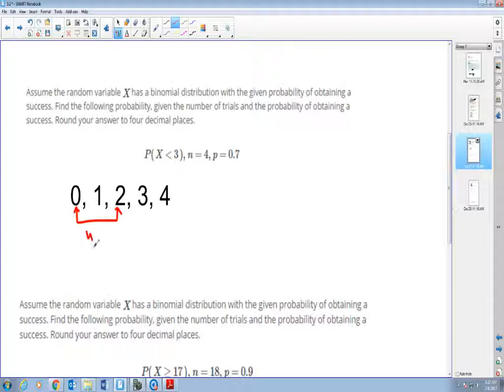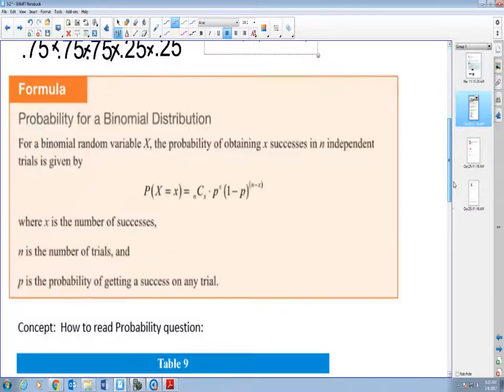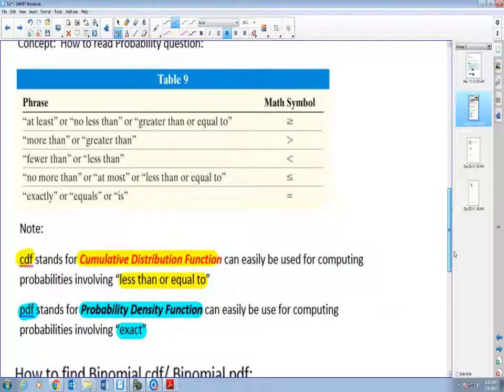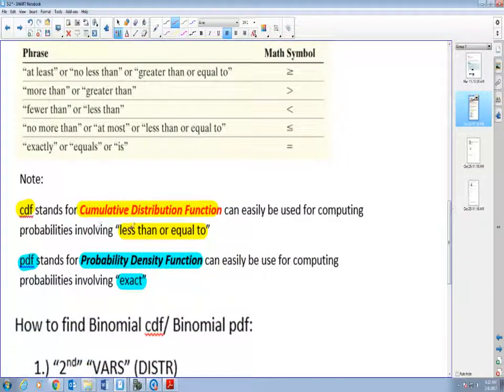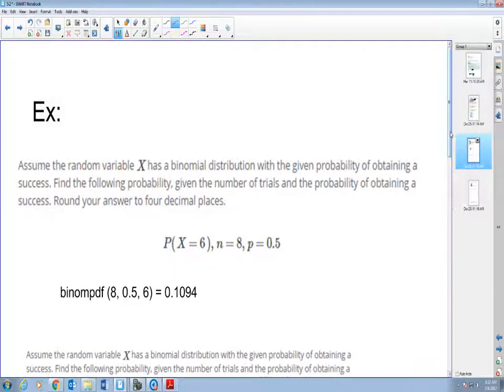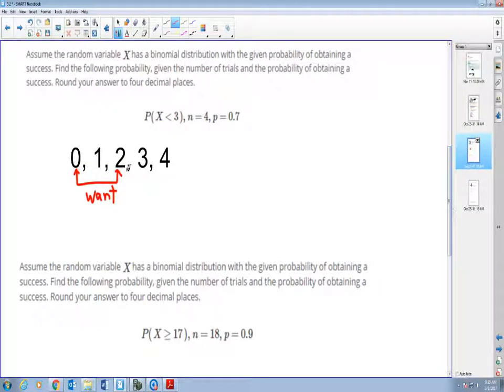So I want the scenario of 0, 1 success, or 2 successes. For less than, I have to use CDF, the cumulative distribution function, because I'm accumulating the probabilities from 0 all the way up to 2, not 3, because I don't want 3.